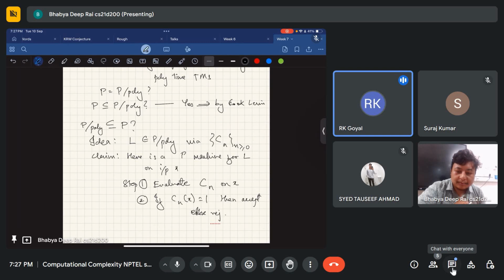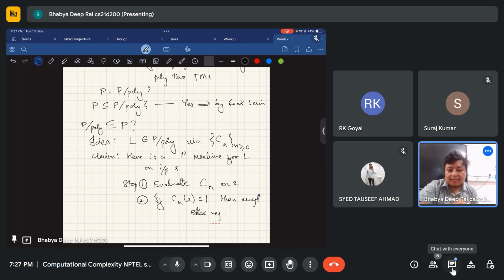This claim only says that P is contained in P/poly, and does not say that P/poly is contained in P. To show that P/poly is contained in P, what should we do?